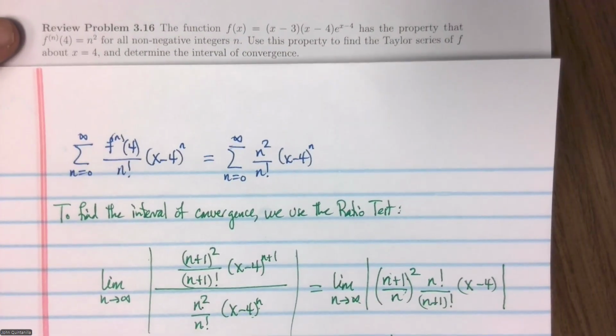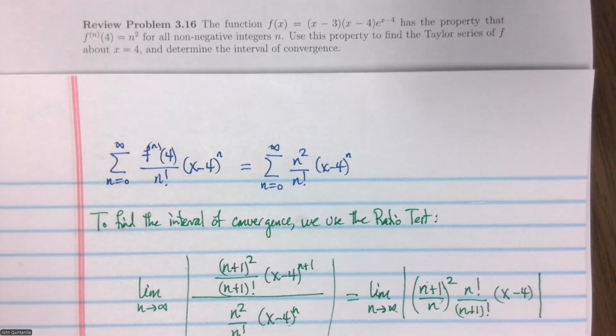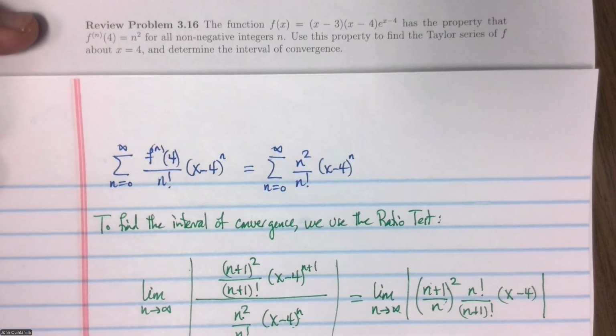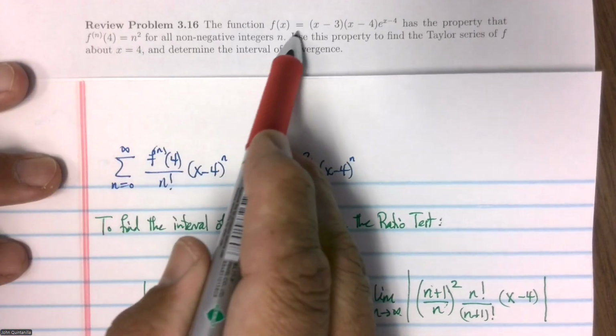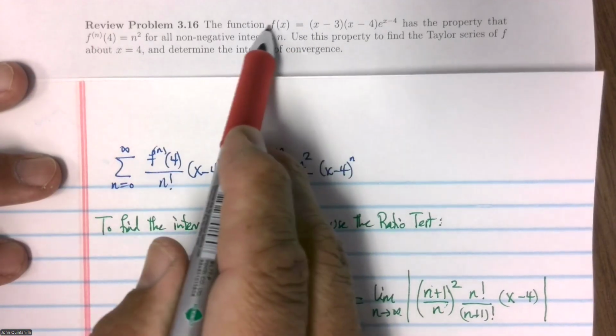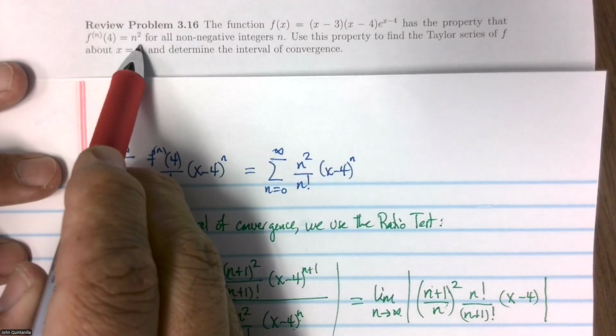Now, before I stop the video, and feel free to stop the video here because I've solved it. If you're looking for a challenge and you'd like to get some extra practice with series, you may want to think about how in the world do I know that the 10th derivative of this function is guaranteed to be equal to 100?